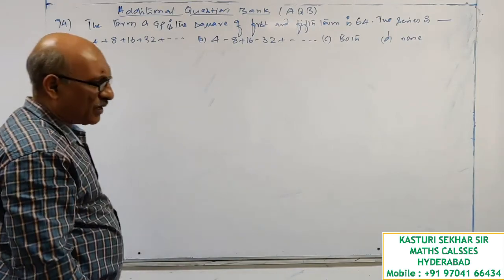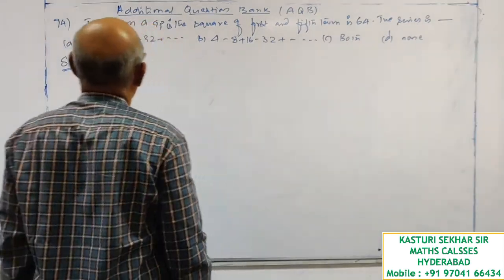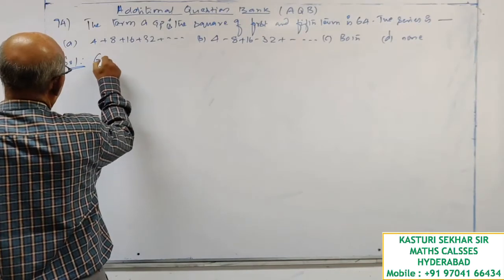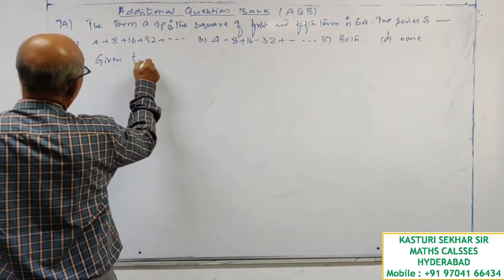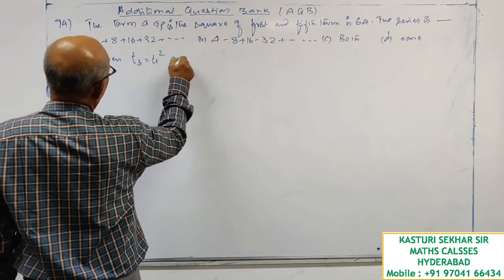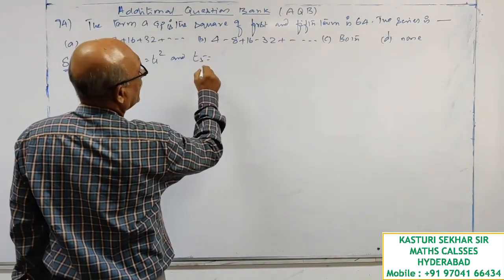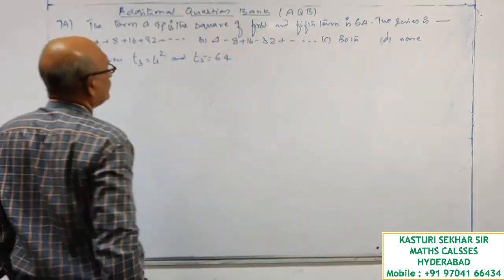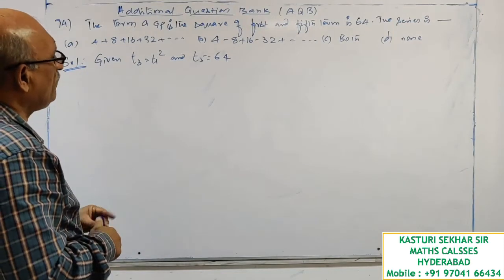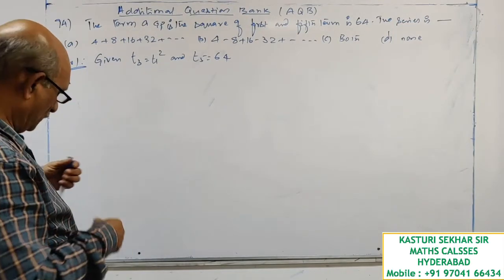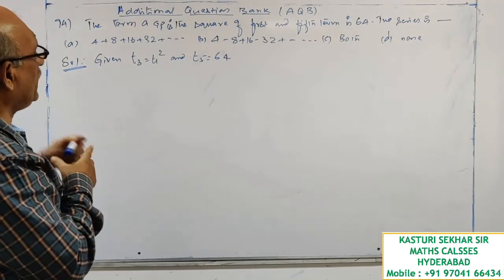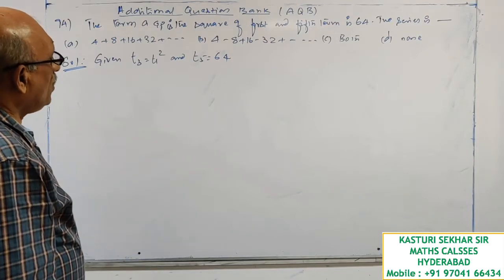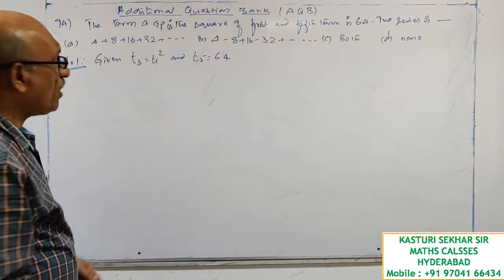See the solution part of this. What is given in the question? T3 is equal to T1 square and T5 is equal to 64. Now I can verify these two conditions through the options.